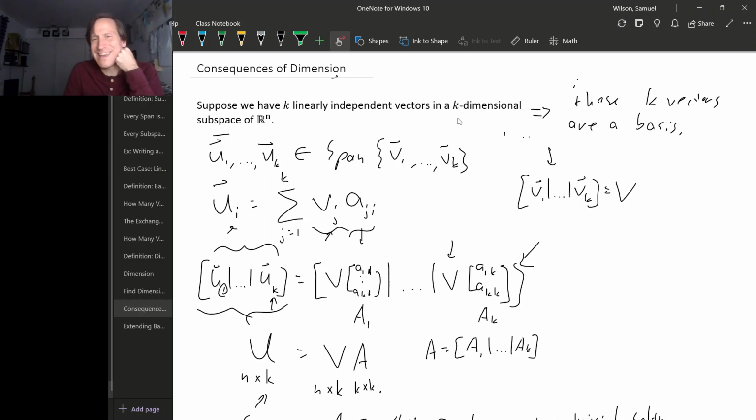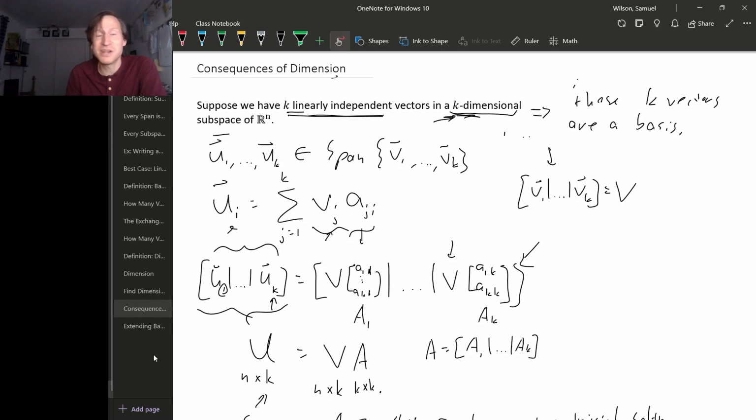So really what this is saying is there's only one k-dimensional subspace sitting inside of a k-dimensional subspace, which kind of makes sense, but isn't totally obvious, so it needs proving. And now we have proved it, right? The biggest thing you can fit in a k-dimensional subspace is a k-dimensional subspace, and there's only one of them. If you have k linearly independent vectors in a k-dimensional subspace, that is actually a basis for that subspace.